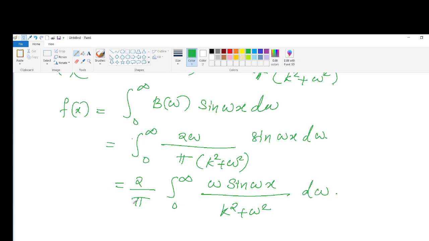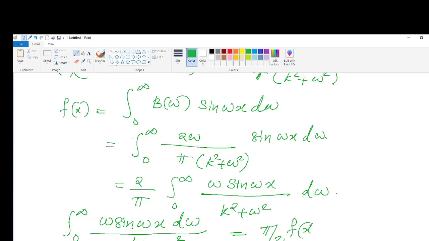Now you can take 2/π to the other side: the integral from 0 to ∞ of ω sin ωx dω divided by (k² + ω²) equals π/2 times f(x). Substituting f(x), this is π/2 e^(−kx), where x > 0 and k > 0. So this is the required sine integral.